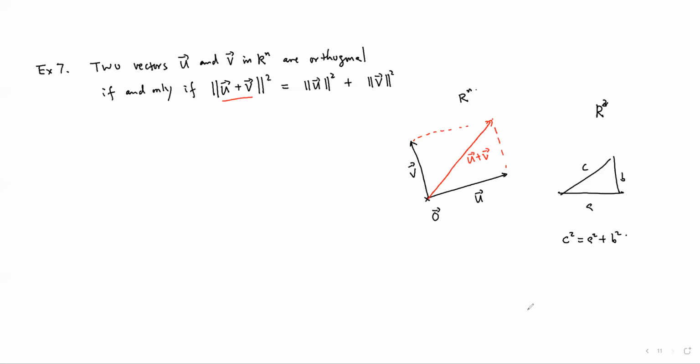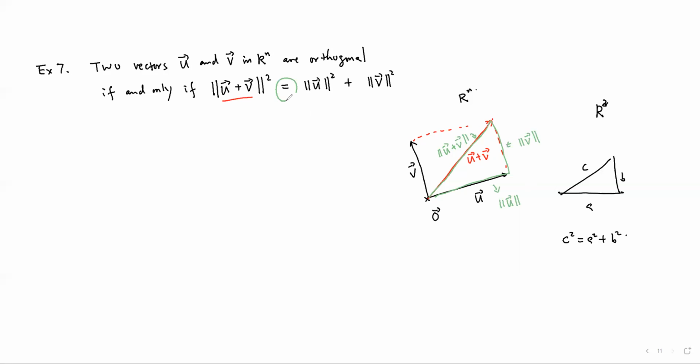Now consider this right triangle. This edge, the length is the length of u. And the hypotenuse is the length of u plus v. How about this edge? The length of this edge is the length of vector v.